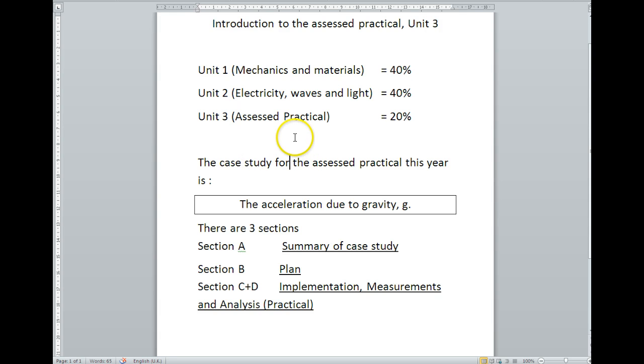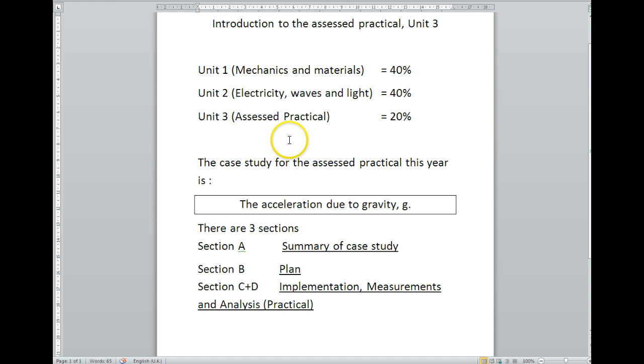Last final point that's really important is that we cannot mark a draft of any of the work that has to be submitted. So whilst the teacher can be used as though they were a resource, in other words, you can ask the teacher for advice on the physics or on the meaning of criteria and so on, you can't submit work for the teacher to give you advice on whether this meets the criteria or not.